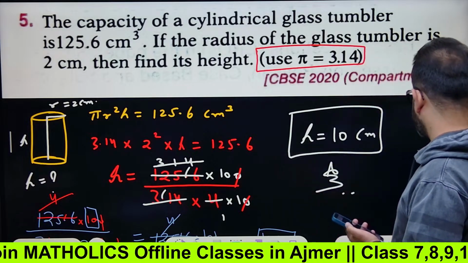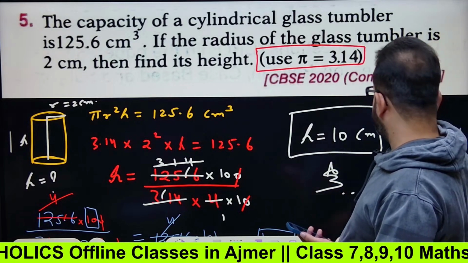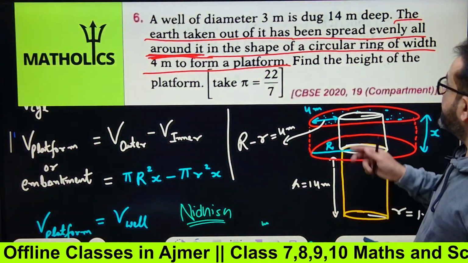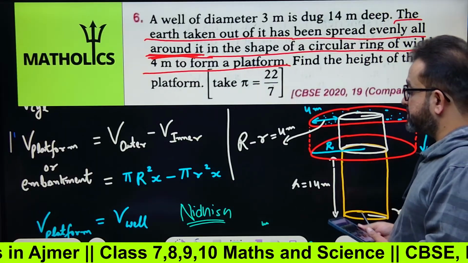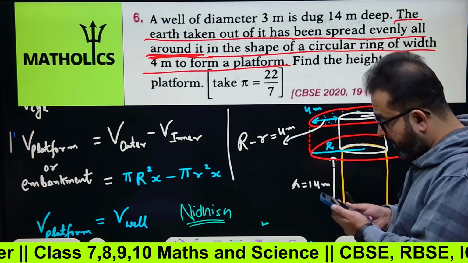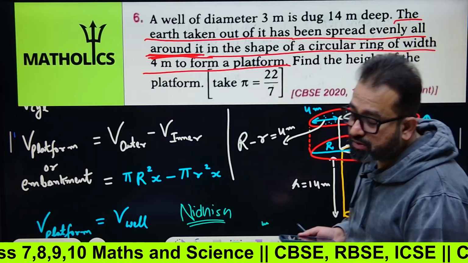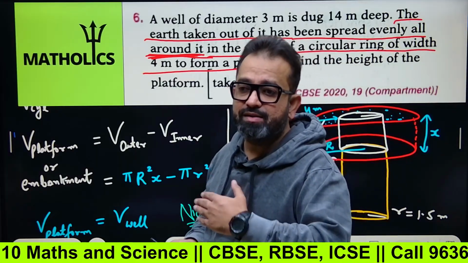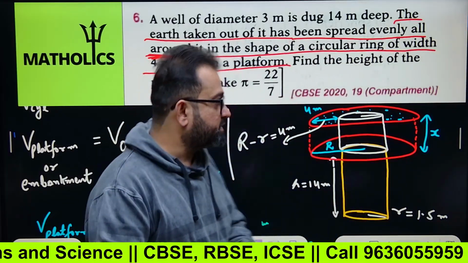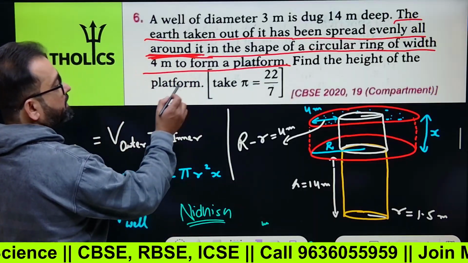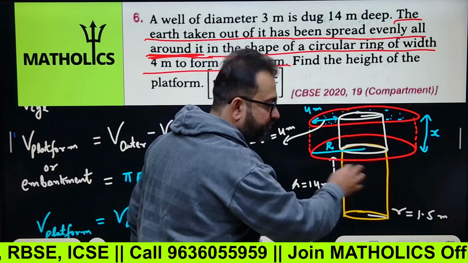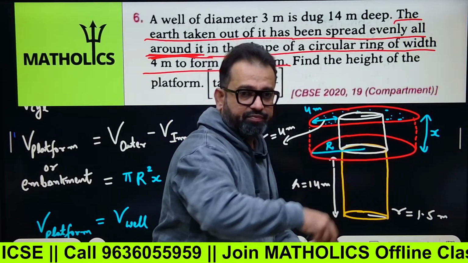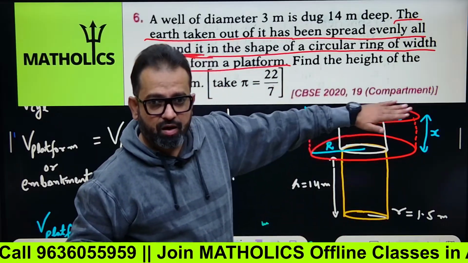Okay, so we'll be starting question number 6 today. A well of diameter 3 meters. I already narrated what this question is all about. It is about taking out the earth, the sand, when you dig a well. This yellow part is a well, dug out of the ground.